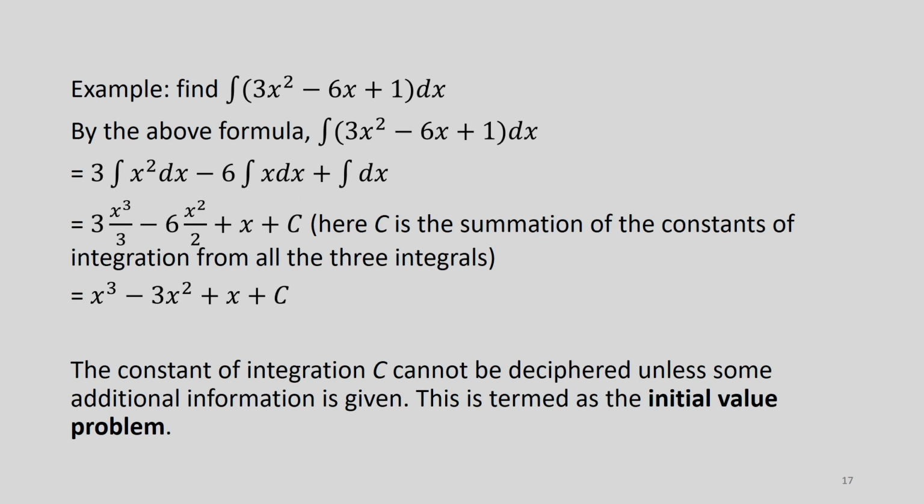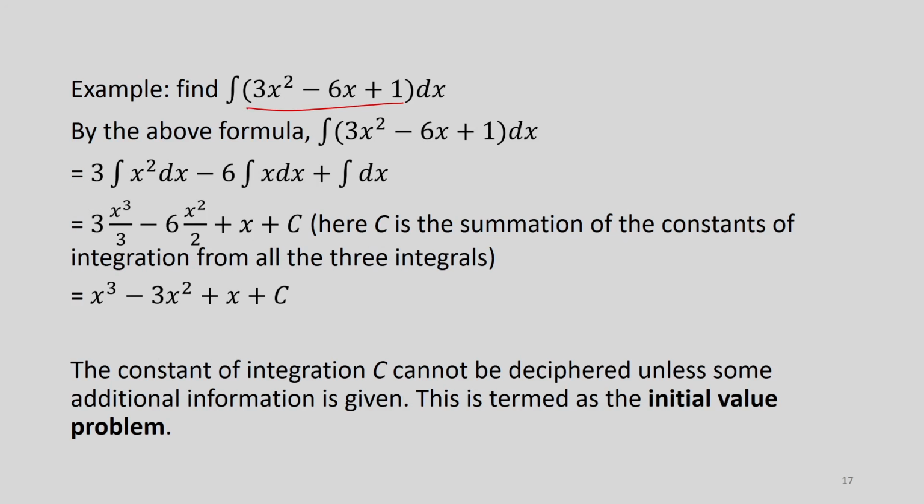Okay, here is an application of what we have just seen. Suppose you have an expression like this, a polynomial 3x^2 minus 6x plus 1, which we have to integrate, and what we do is we apply the formula from before, where I write this as separate integrals.